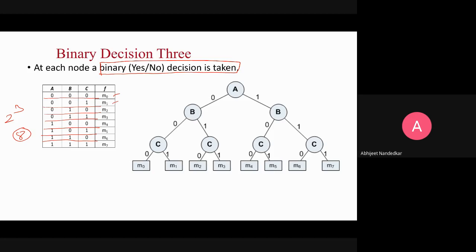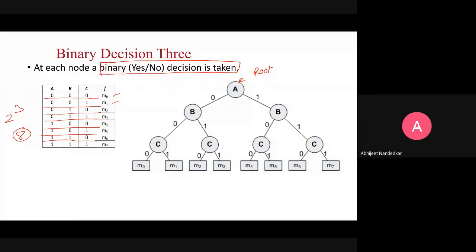Now, based on this, I want to make a binary decision tree. So if I am given a combination, suppose 0, 1, 0 for ABC, then we have to tell what is the class for this. So we can make a decision tree. Suppose I put the node A, that is variable A, as the root of this problem. Okay, so this is my choice.